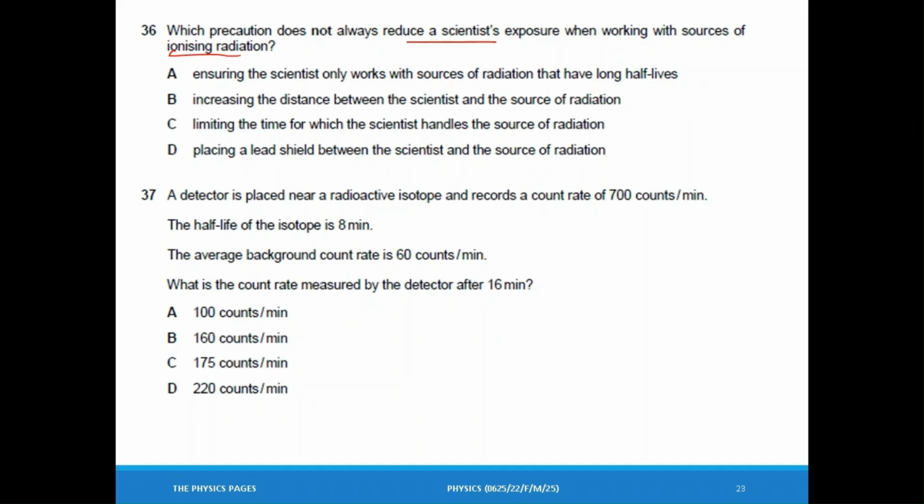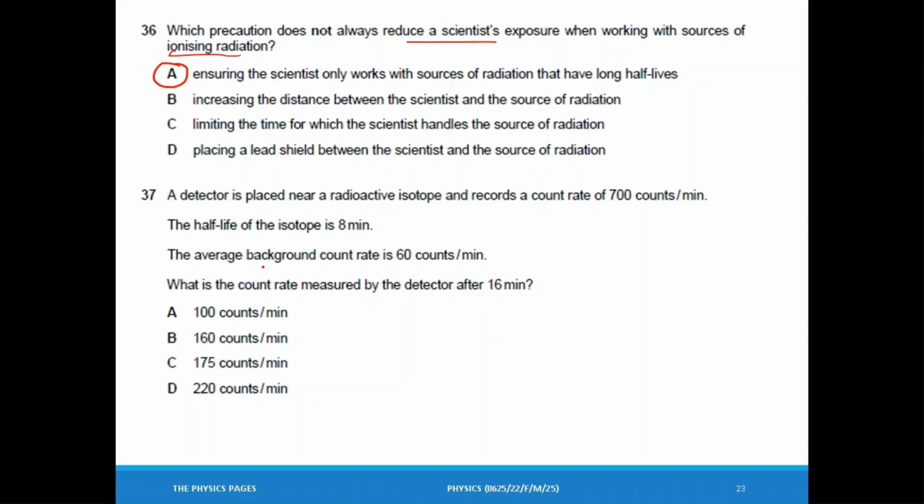But with radiations of longer half-lives, these are still radiating. The half-life will be more and it will take more time to decay. Once the process is started, it's a spontaneous process, and it will not always reduce the exposure. So for me, the best choice is that scientists who only work with the source of radiation for a long time will not reduce the exposure.